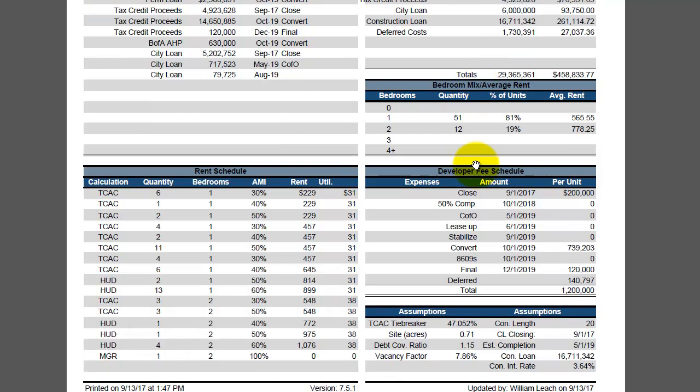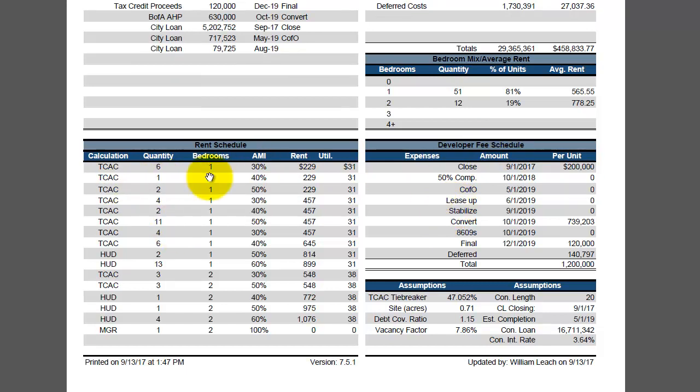Then we get into some general information, some demographic information. How many one-bedrooms are there? How many two-bedrooms are there? What's the average rent? Here we talk about the developer fee schedule. Some of these schedules can be swapped with other schedules depending on what's important to the reader. Down on the bottom left, we talk about the rent schedule.